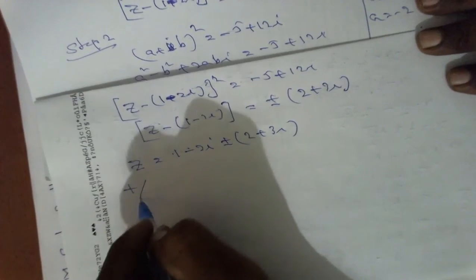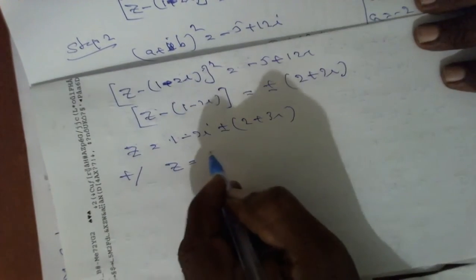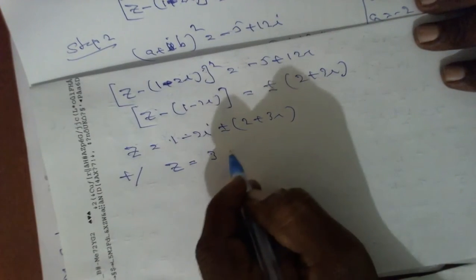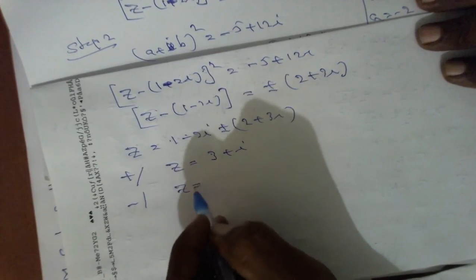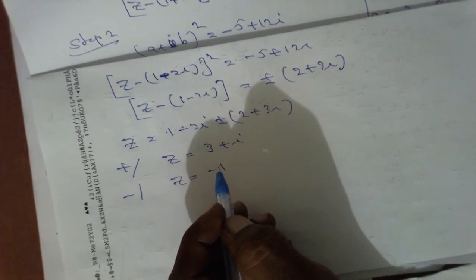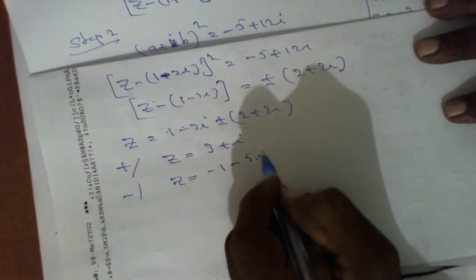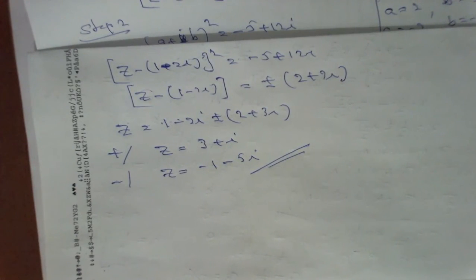Then if you consider the plus sign, z equals 3 plus i. If you consider the minus sign, z equals minus 1 minus 5i. So these are the two roots of this equation.